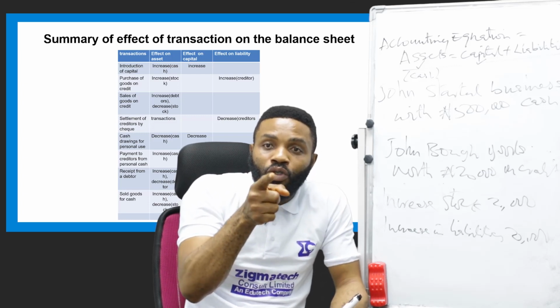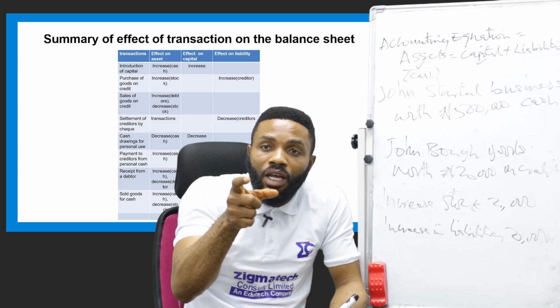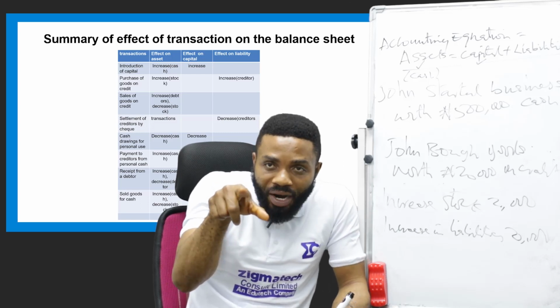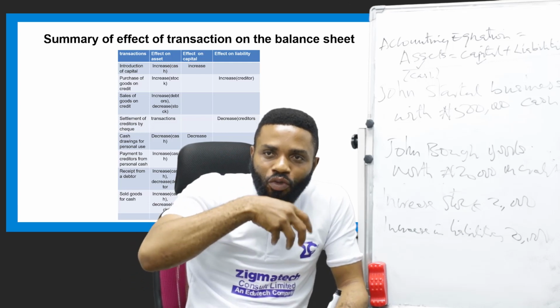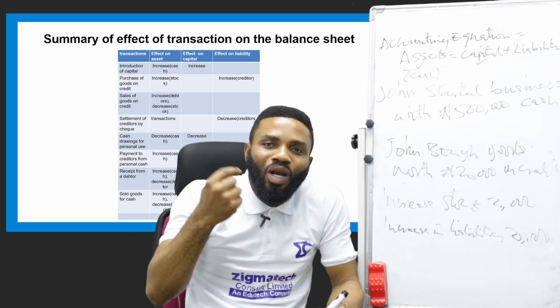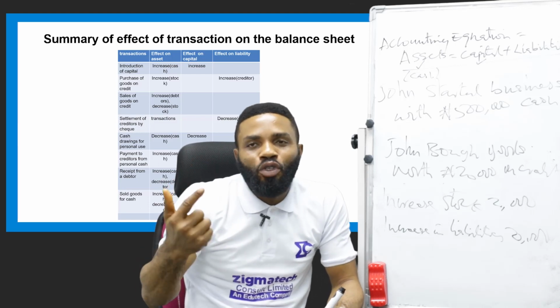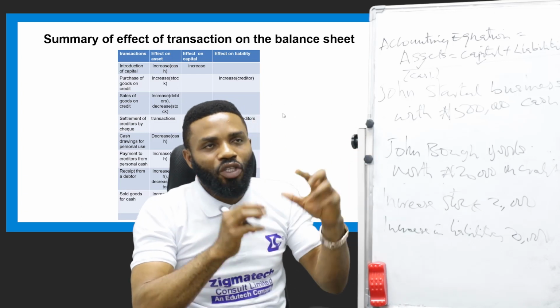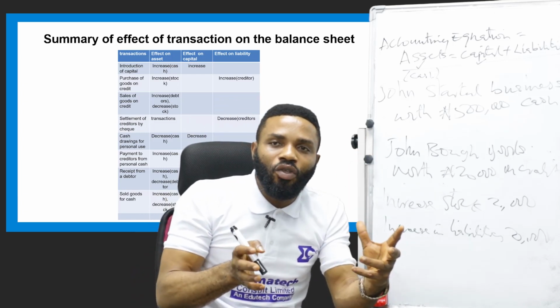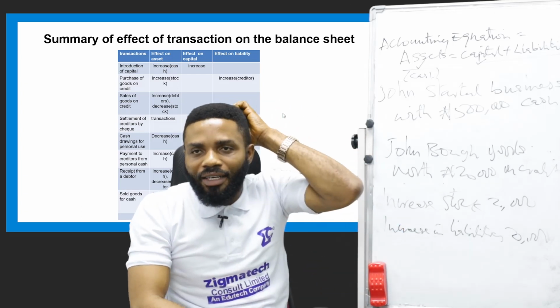The stock of goods you have will decrease, and then because you are selling on credit, your debtors will increase. So that transaction affects the asset in two ways. It decreases your stock and increases your debtors.